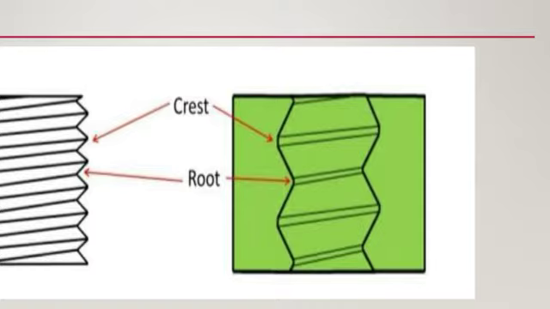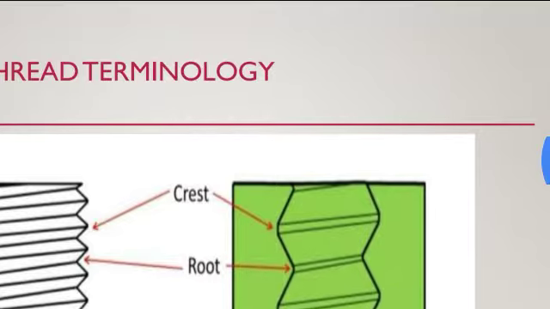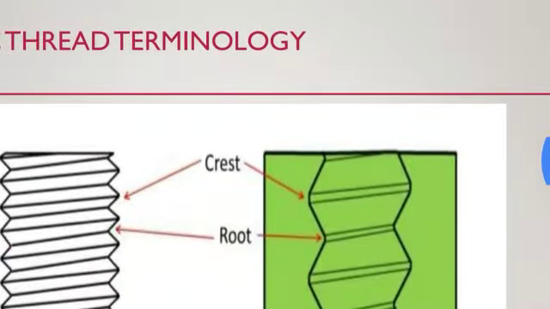Whatever the lower positions, the downward points, those are known as roots. The top positions, or the hills, are known as crests, and the valleys are known as roots. First, crest and root.